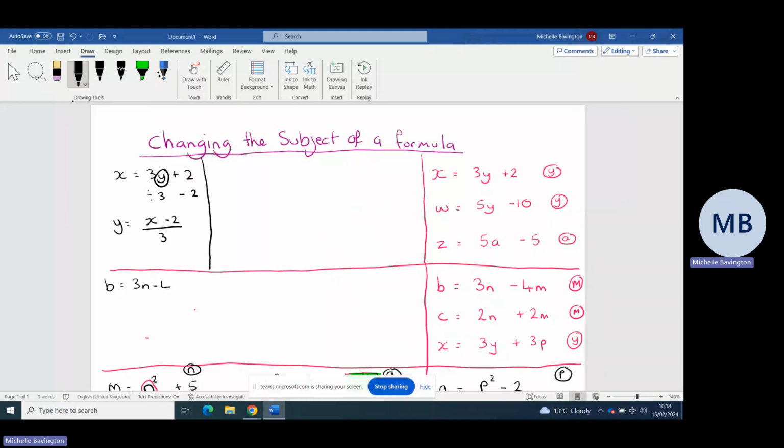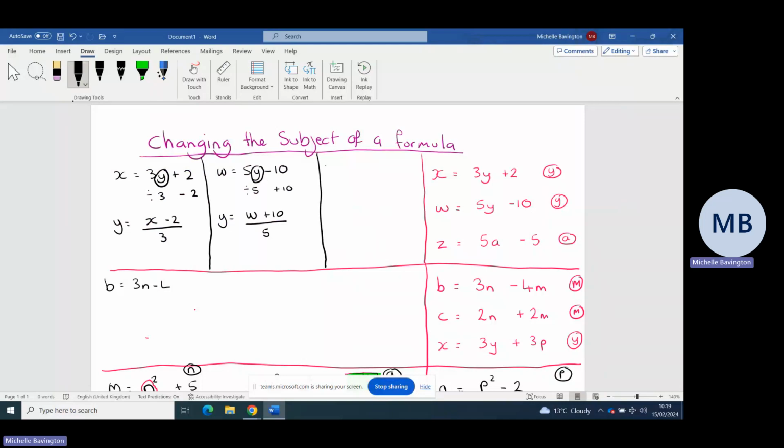Second one, w equals 5y minus 10. We're going to make y the subject, divide by 5 plus 10. So y equals w plus 10 divided by 5.